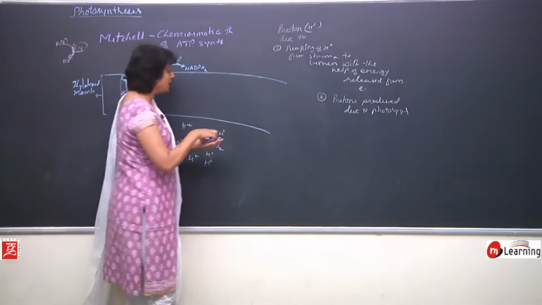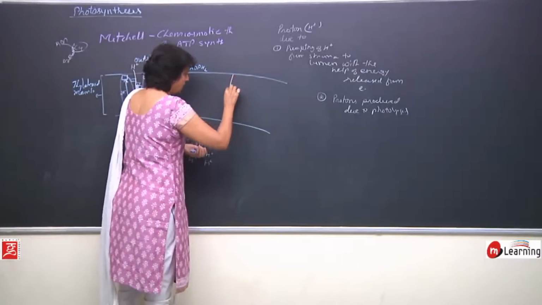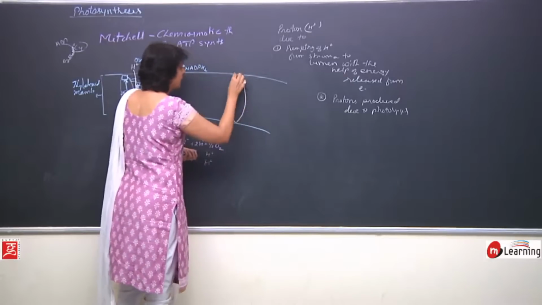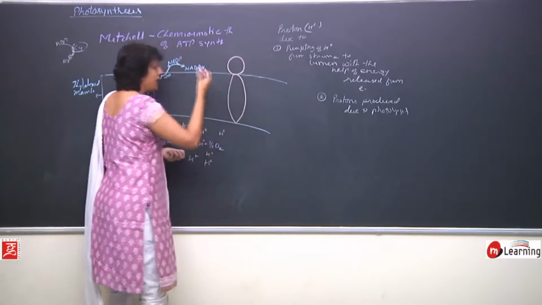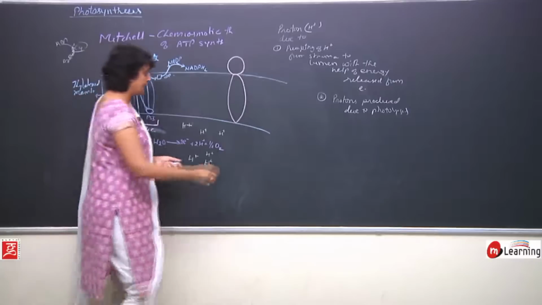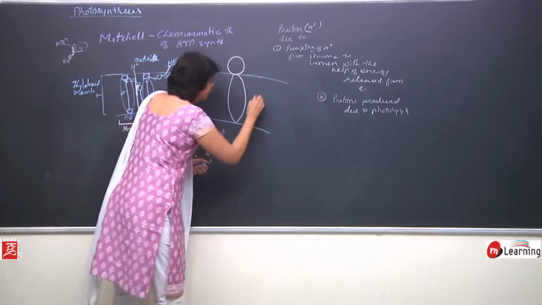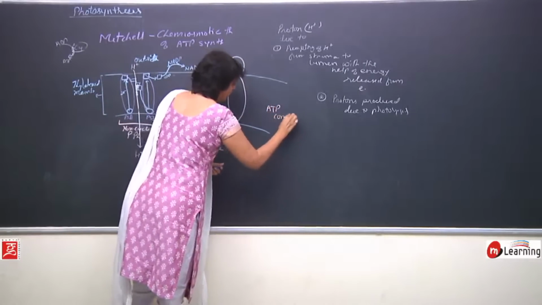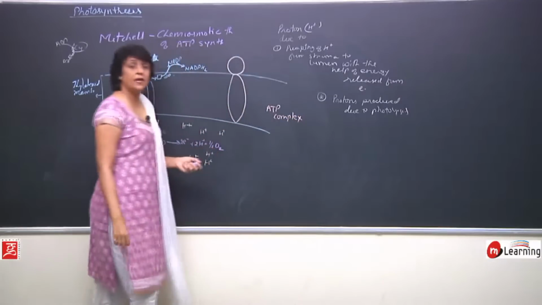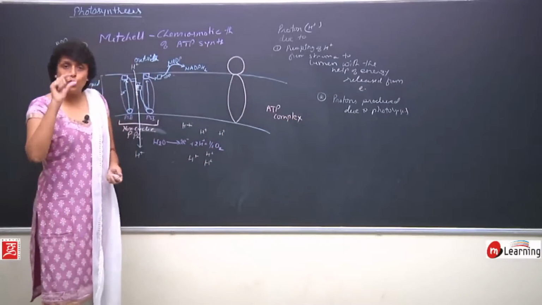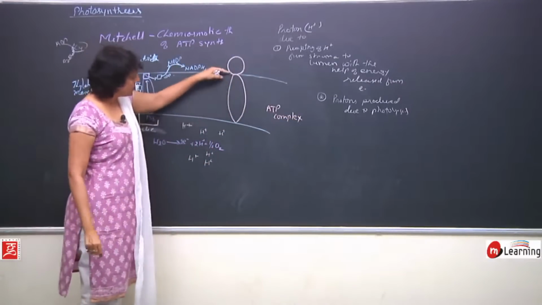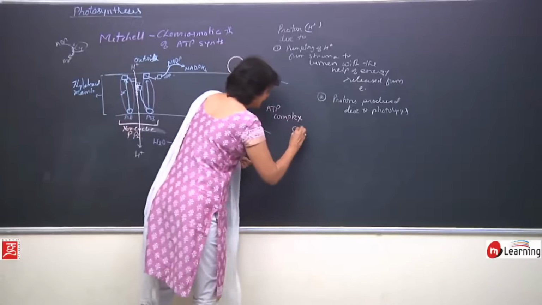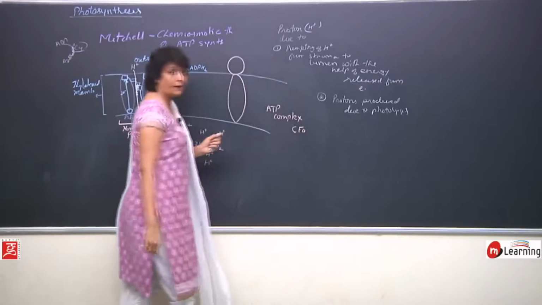There are some special structures which are known as the ATP complex. This ATP complex is made up of two parts. The part which is embedded in the membrane is known as the CF0 particle.